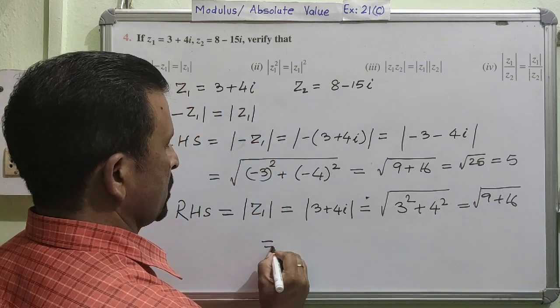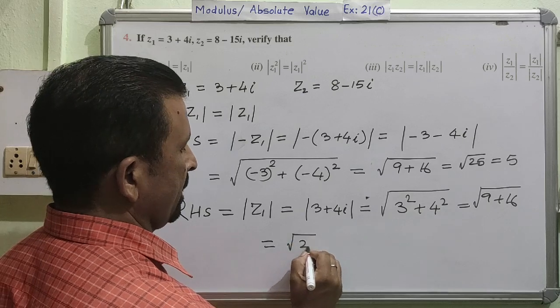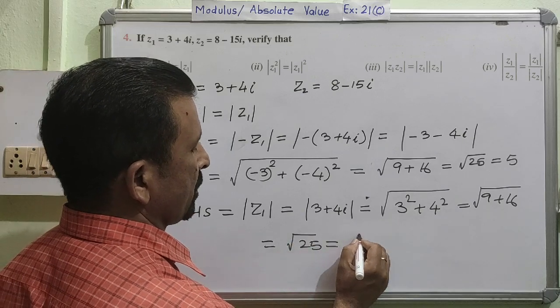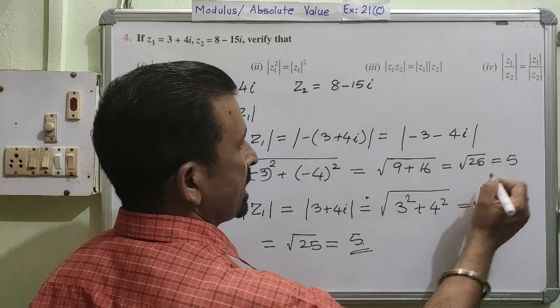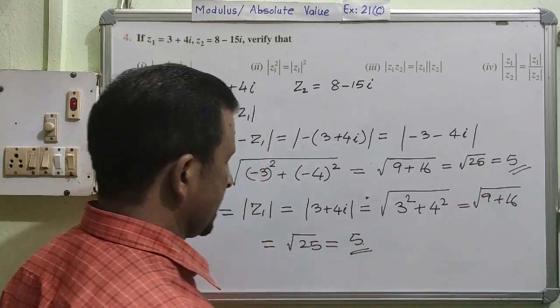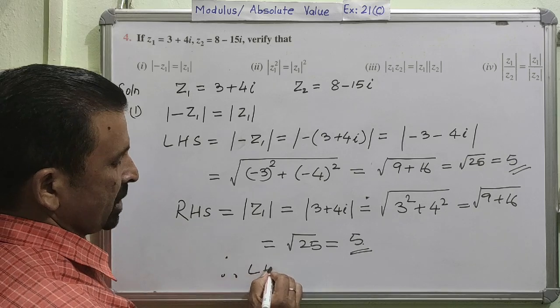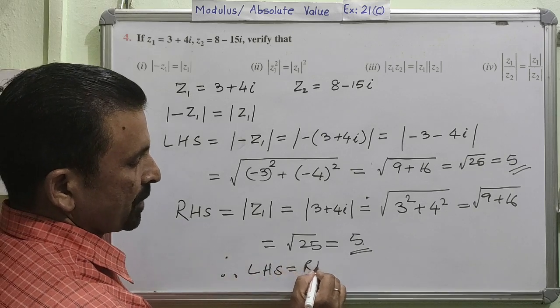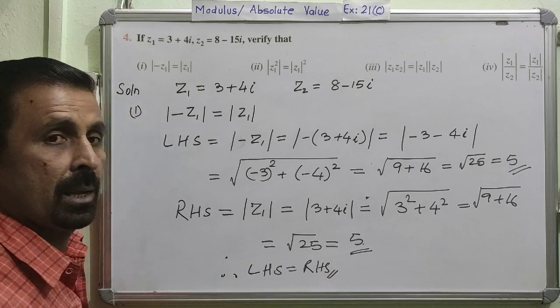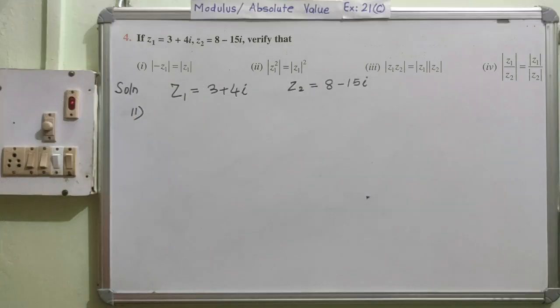This is equal to root over 25, and then the square root of 25 is once again 5, and therefore we can see that the value of the left hand side and right hand side is equal. Therefore the given statement is proved true. So we can say LHS is equal to RHS. Clear? Now we will take Roman number 2 of question number 4.